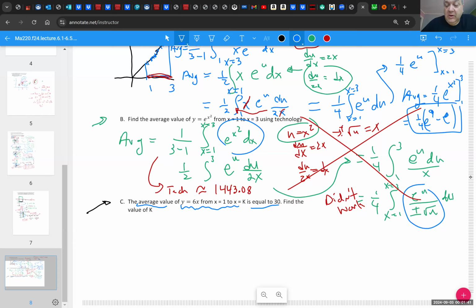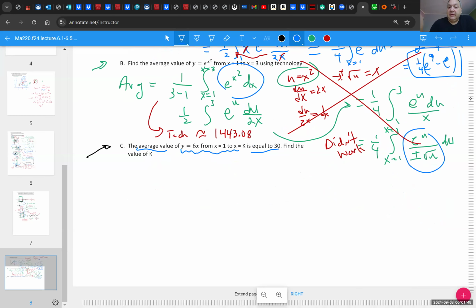So we are going to use the same formula, but we're going to have to think about how to solve it using a little bit more algebra. All right, so the average value is equal to 1 over the distance along the interval, so k minus 1. And that goes from x equals 1 to x equals k, whatever k is. And then, of course, we have our function integrated.